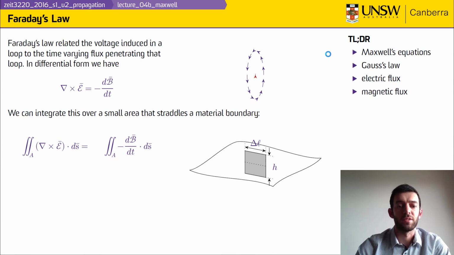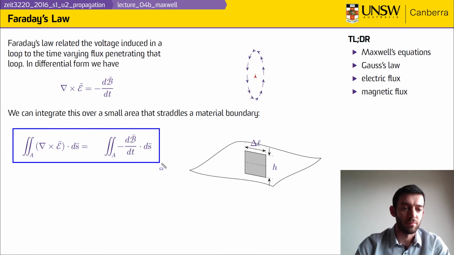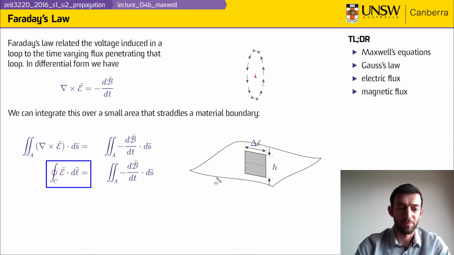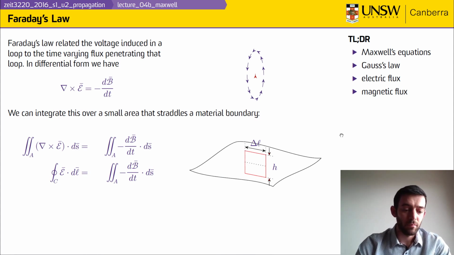Now we'll consider how this behaves when we look at a material boundary. And instead of looking at a Gaussian pillbox that rests above and below the interface, we will now have just an area, a loop, that we normally would have to integrate over the entire area. But what we can do with the Stokes theorem is rephrase the calculation to be in terms of the loop, which looks like that.